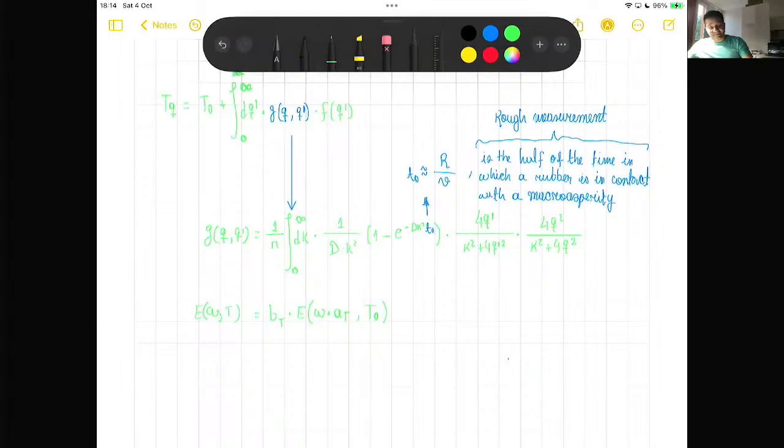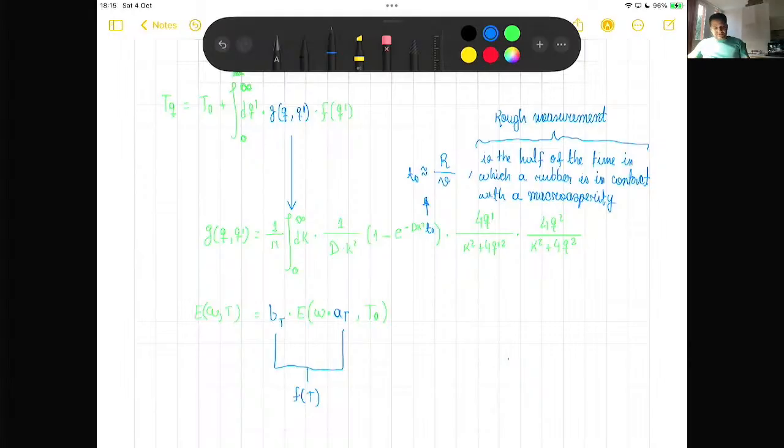Here we have the parameters from the WLF transformation.